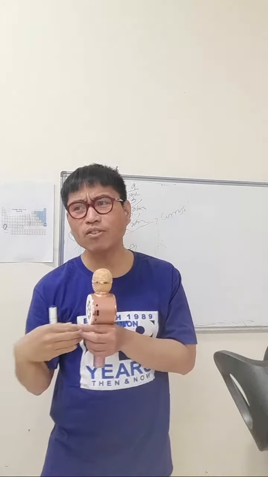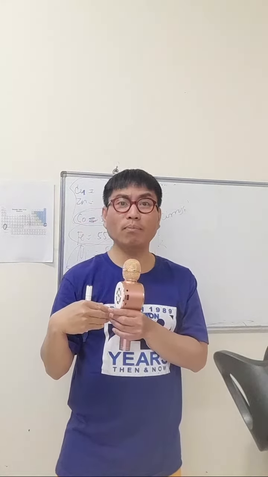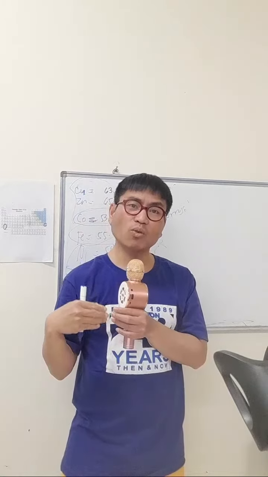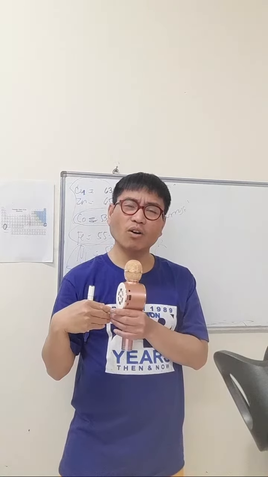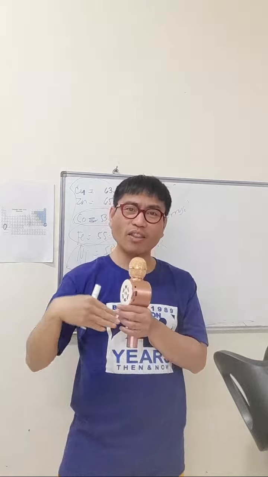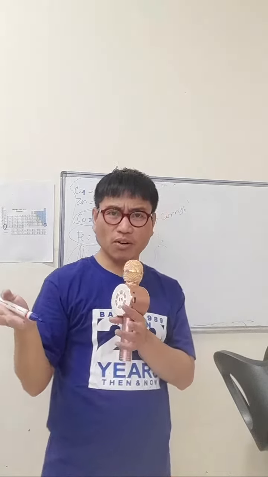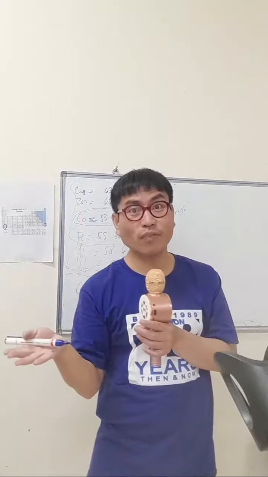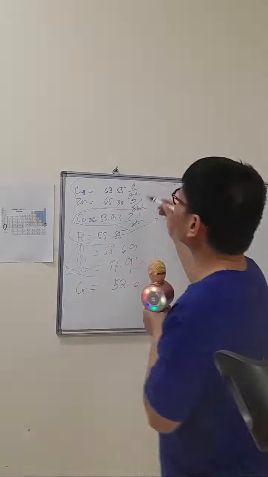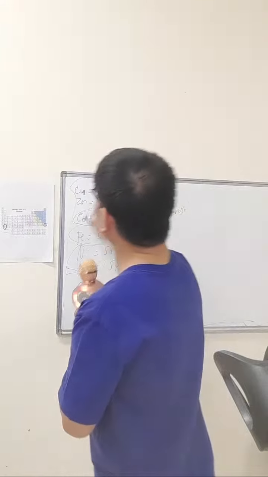Coal means a non-renewable source of energy, because it will be consumed throughout a year, throughout the months. So that's not a good source of energy, because a renewable source of energy is very good. So that's cobalt.